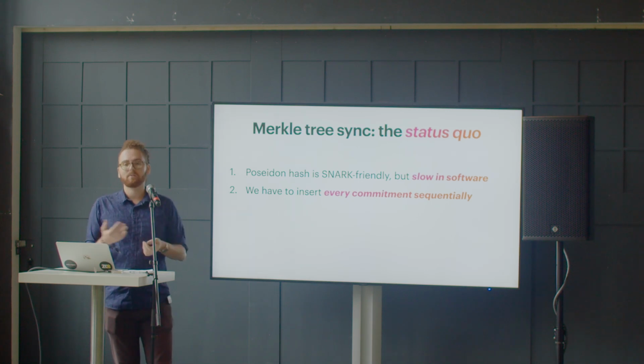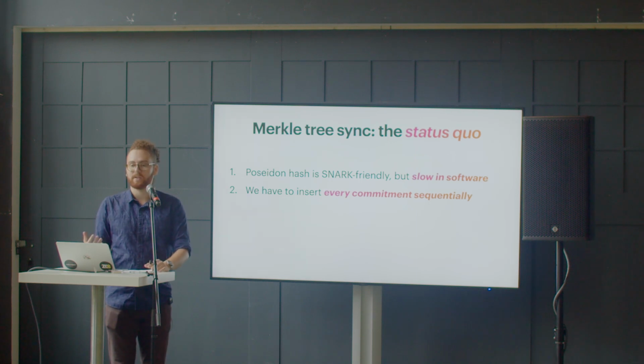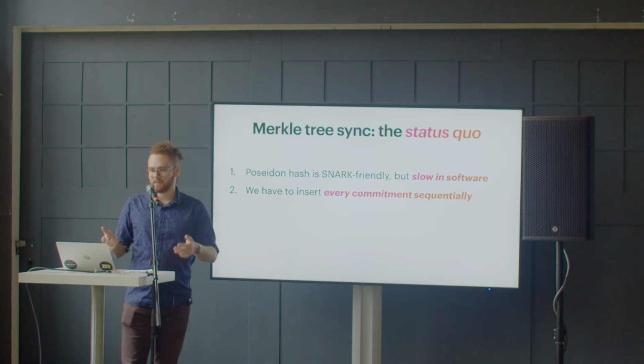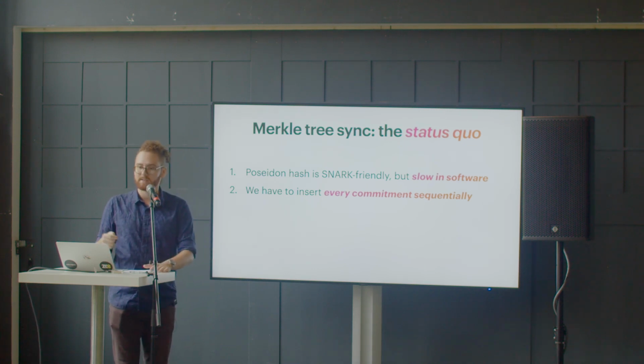In a traditional Merkle tree design, we have to insert every commitment into the tree sequentially, because if you skip any, then your root hash is going to be different. So you can't parallelize, and you can't accelerate by summarizing the number of updates that you have to do.